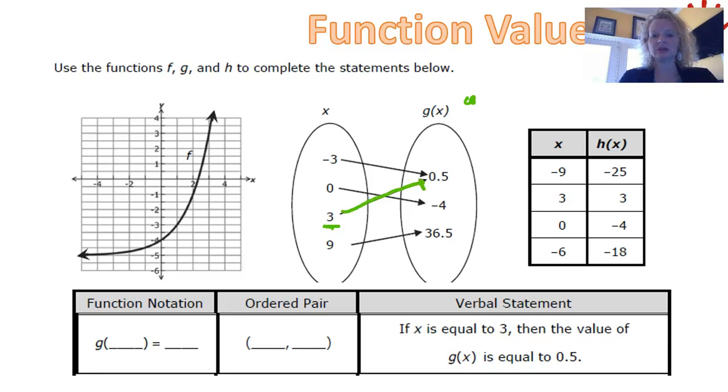So is that true? Yes, that's true. So how do we write that as an ordered pair? It would be (3, 0.5). And as function notation, remember g is a function of our x value. So the x value is 3. It will equal, because it's g of 3, which means our y value, 0.5.